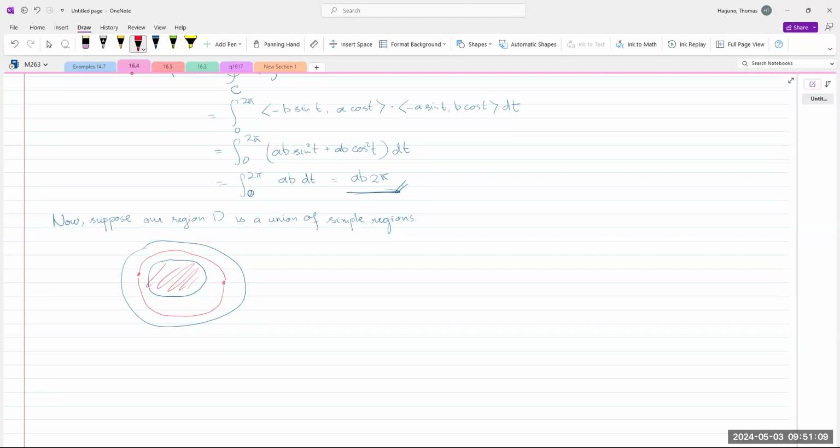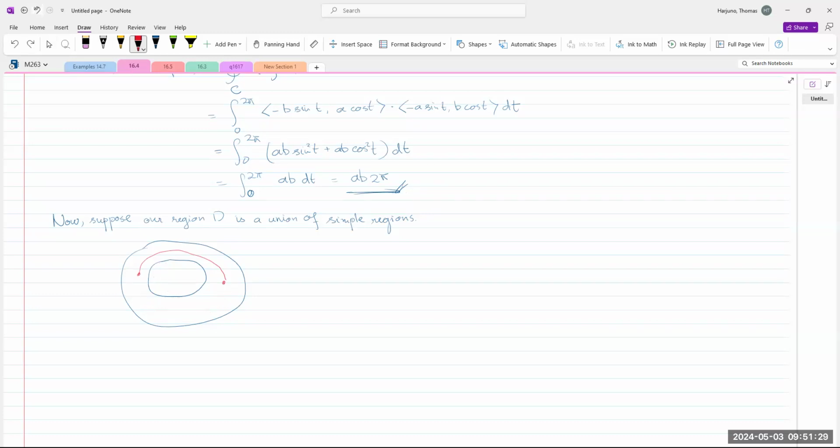Now in this case, you see that I have a closed curve that encloses a region not in D. So this region is not simple.